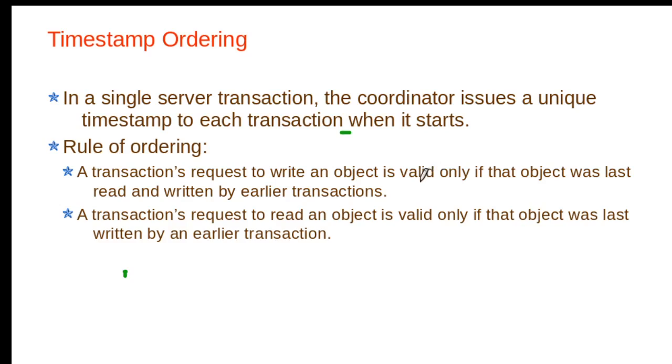So for each transaction you have a unique timestamp, and this timestamp will be used to set a priority for the transactions, like whose timestamp is more, right? So we require that each coordinator issues a globally unique timestamp.